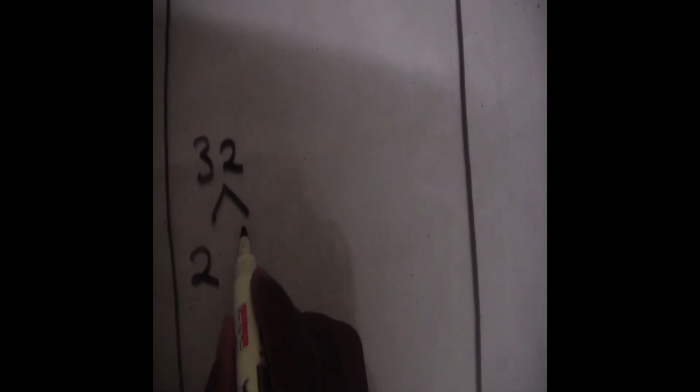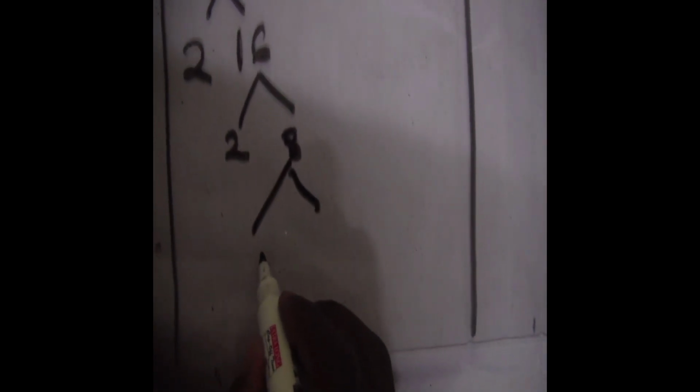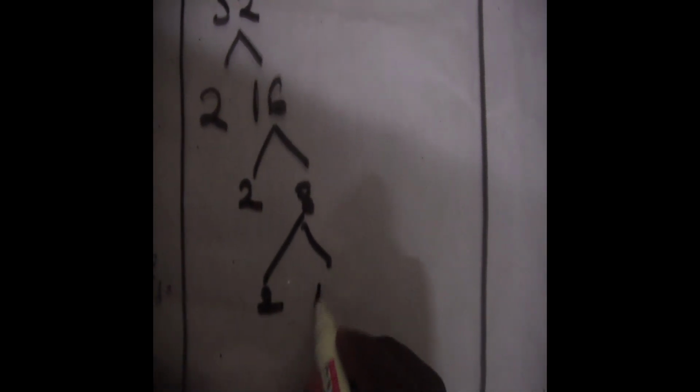We have 32 into base 2. You can simplify very fast. It's 2, 2, you get 16. 2, you get 8. 2, you get 4.